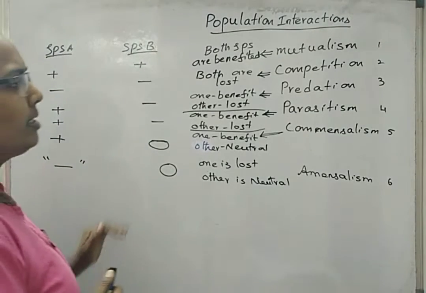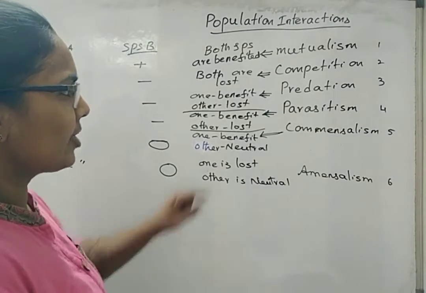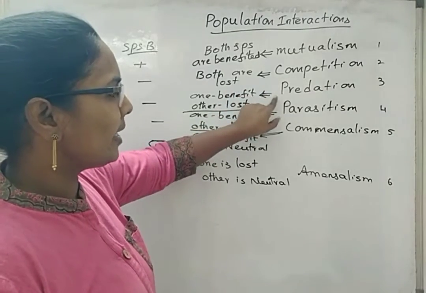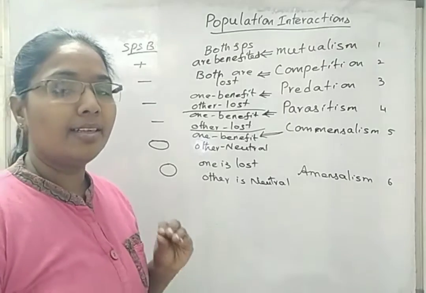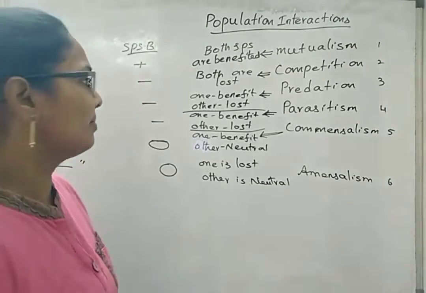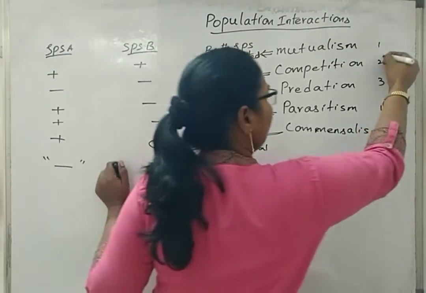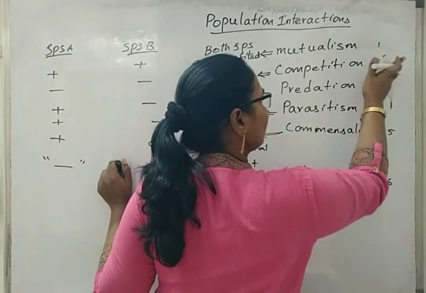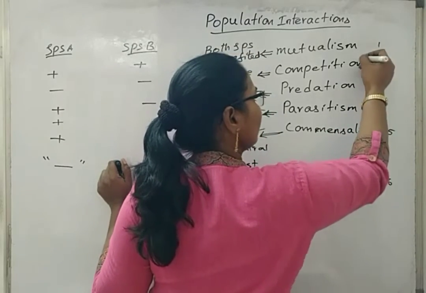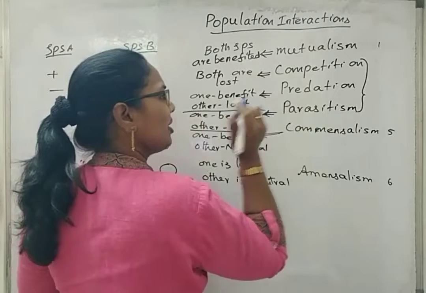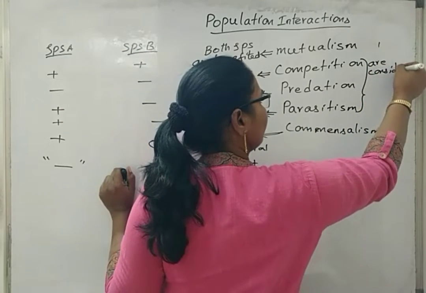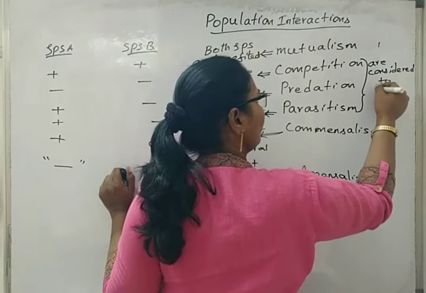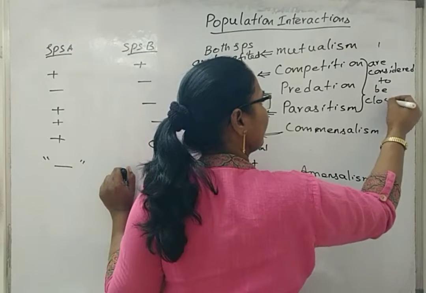Out of all these, competition, predation and parasitism are considered to be closely related.